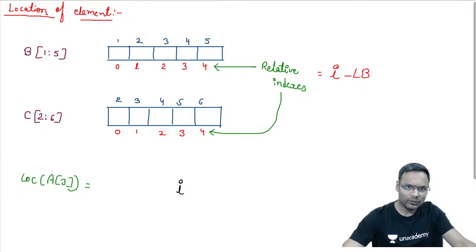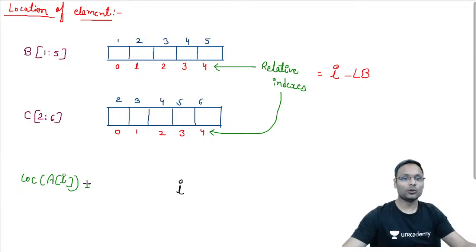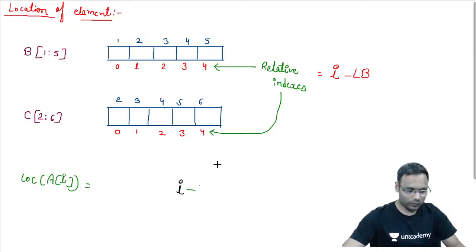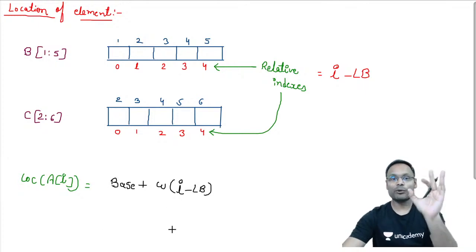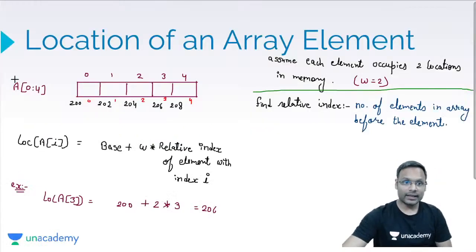If I want to write the formula, location of A of I: I minus lower bound will give me the relative index, into W plus base. Now this particular formula will work for each type of array, whether it is this or this.